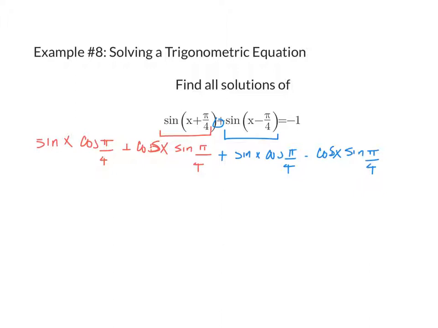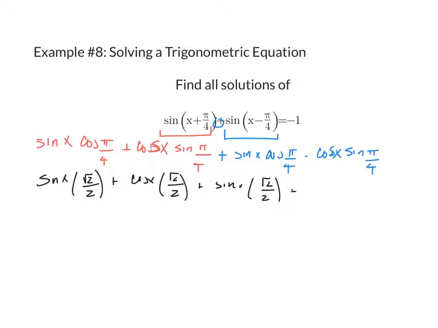If we simplify, that would give us sine of x times cosine of pi over 4, square root of 2 over 2, plus cosine of x and sine of pi over 4, again square root of 2 over 2, plus sine of x and cosine of pi over 4, again square root of 2 over 2, minus cosine of x and sine of pi over 4, which is square root of 2 over 2.